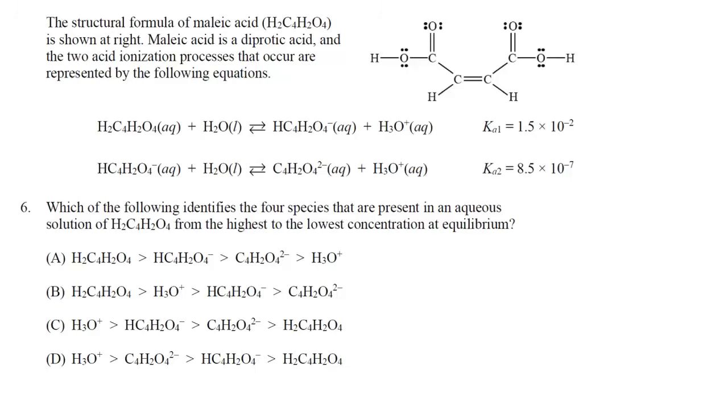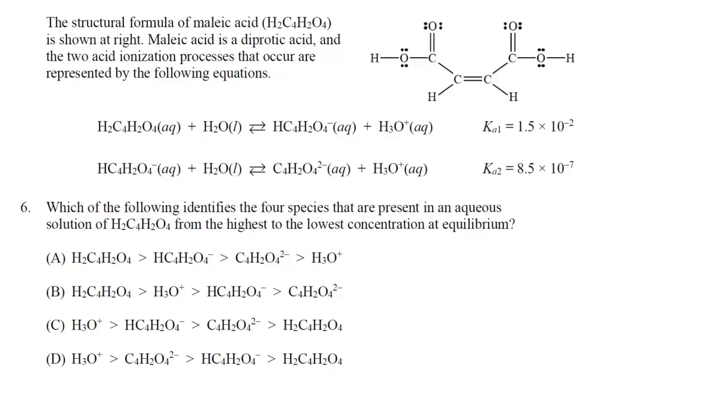Now there's a second ionization process, and that happens when the conjugate base from the first equation loses another proton. So another proton, H plus, is transferred to water. So in that second equation, the HC4H2O4 minus ion loses another H plus ion, another proton is transferred, and now we get another hydronium ion, H3O plus.